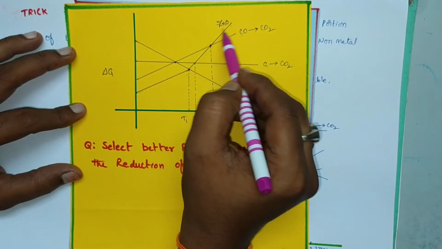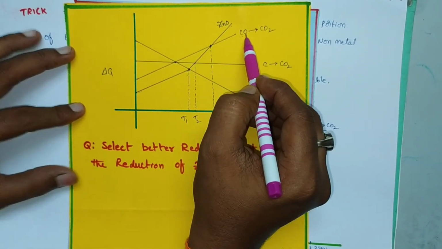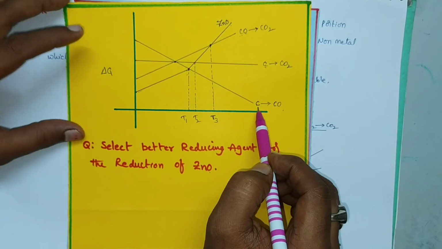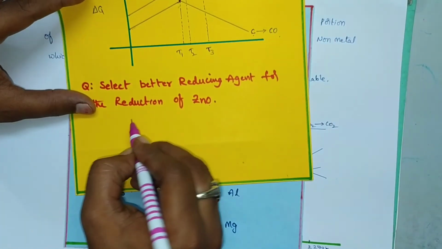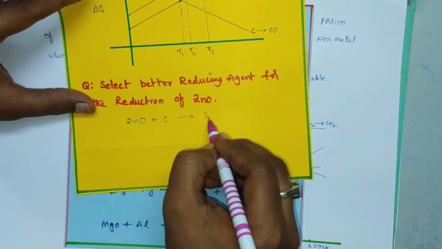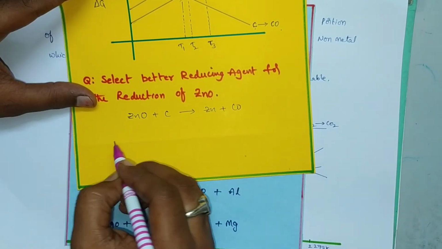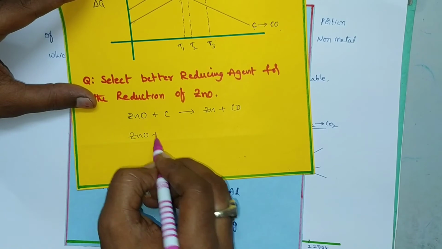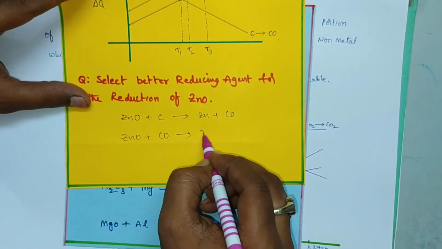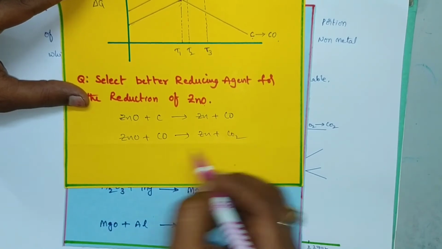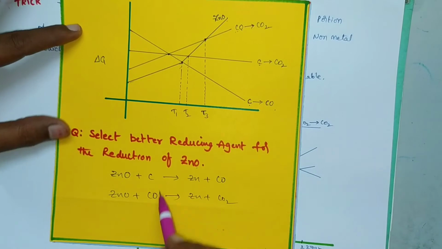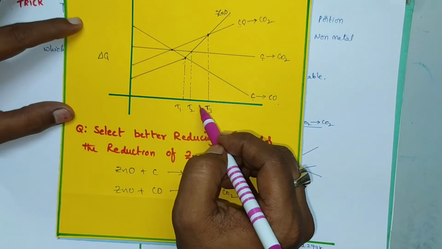For the reduction of zinc oxide, carbon monoxide is a reducing agent, and carbon is also a reducing agent. If you take the reduction of zinc oxide using carbon, it produces zinc and carbon monoxide. If you take the reduction of zinc oxide using carbon monoxide, it produces zinc and carbon dioxide. But which one is the suitable reducing agent? We have to select it from this Ellingham diagram.